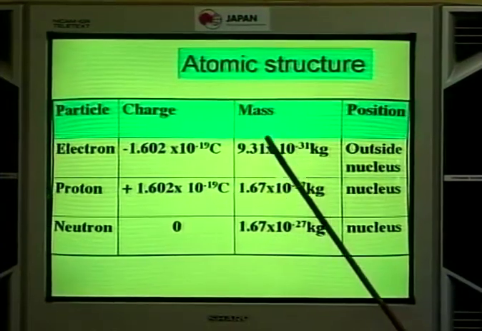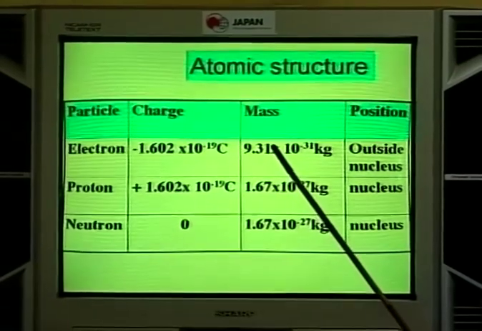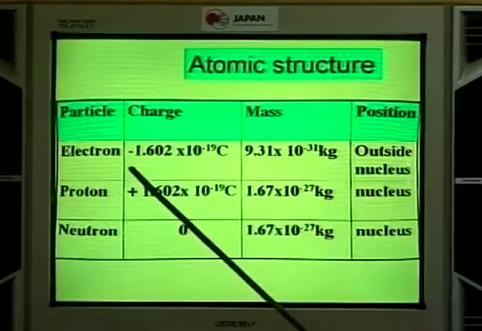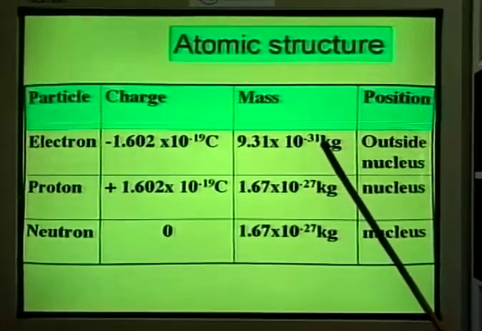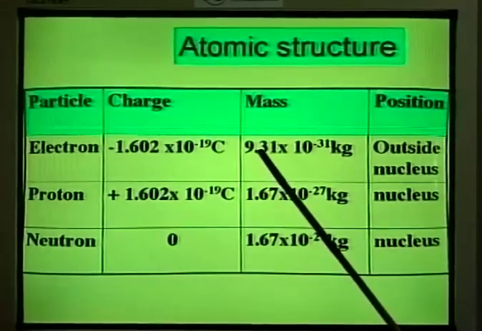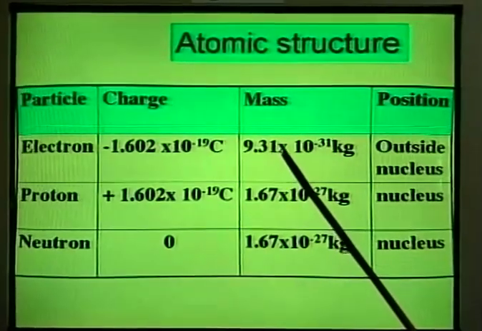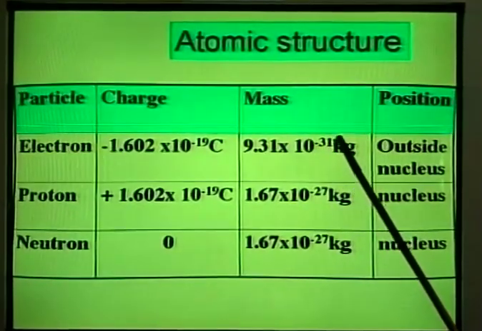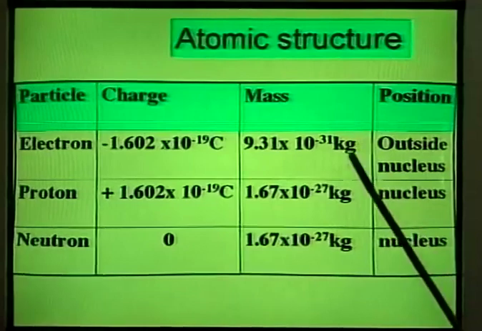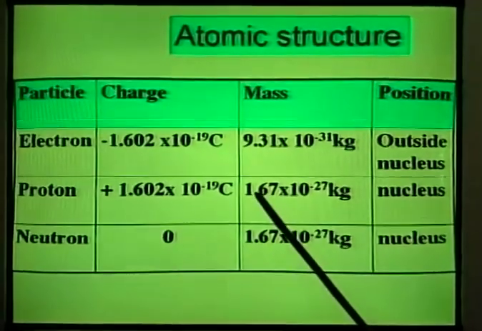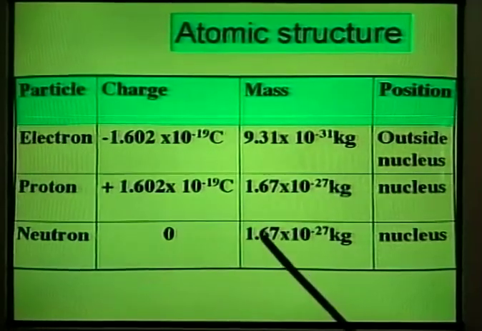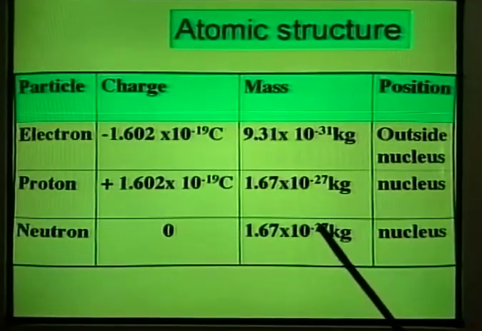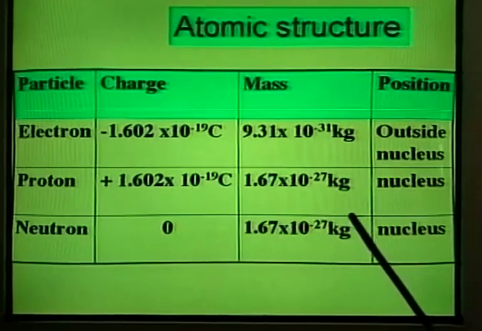Now looking at the mass, how heavy the atom is, an electron is the lightest. You'll find that it's about 9.31 times 10 to the minus 31 kilogram. The heaviest are the protons and the neutrons, because they have 1.67 times 10 to the minus 27 kilogram each.